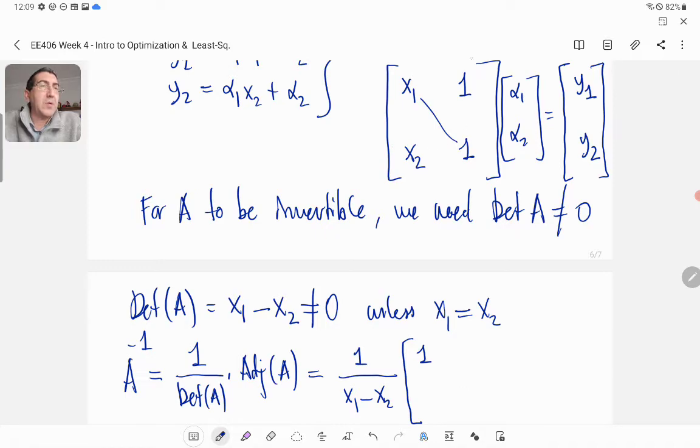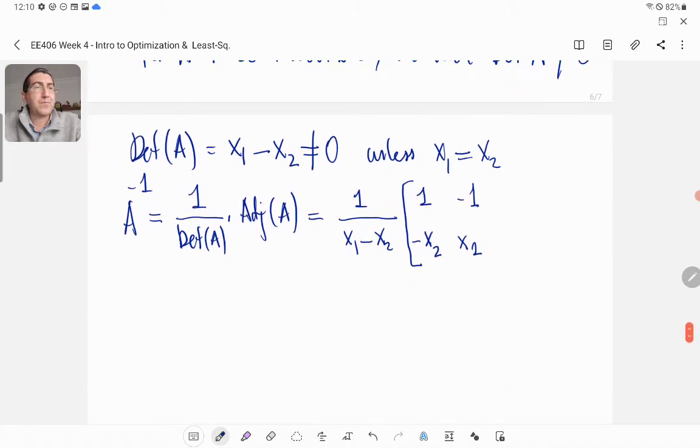So I consider this intersection and the remaining element here is x1. And for the remaining off diagonal entries, you have basically plus minus, right? You have this entry over here with a minus sign and this entry over here with a minus sign. Okay? So that is our inverse matrix.